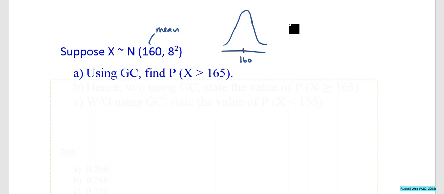By using GC, you should be able to find the area under the curve. By GC, the answer is 0.266. Next question.